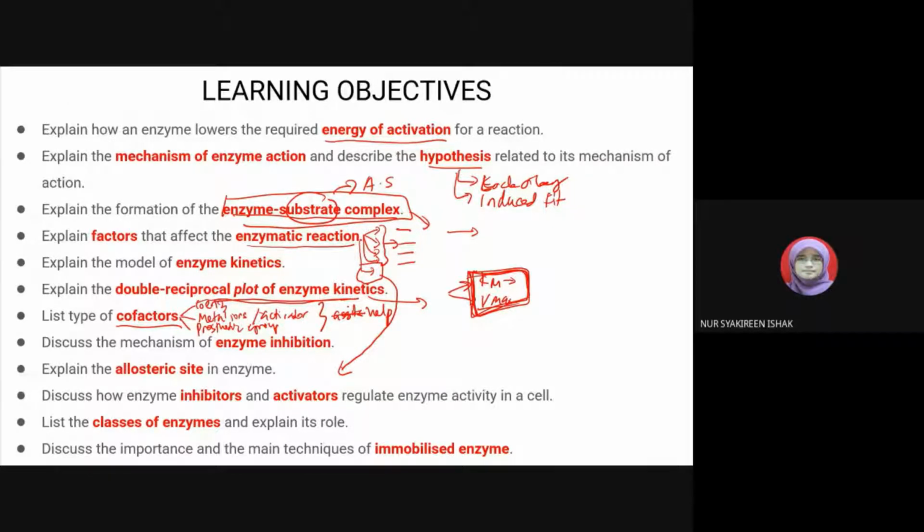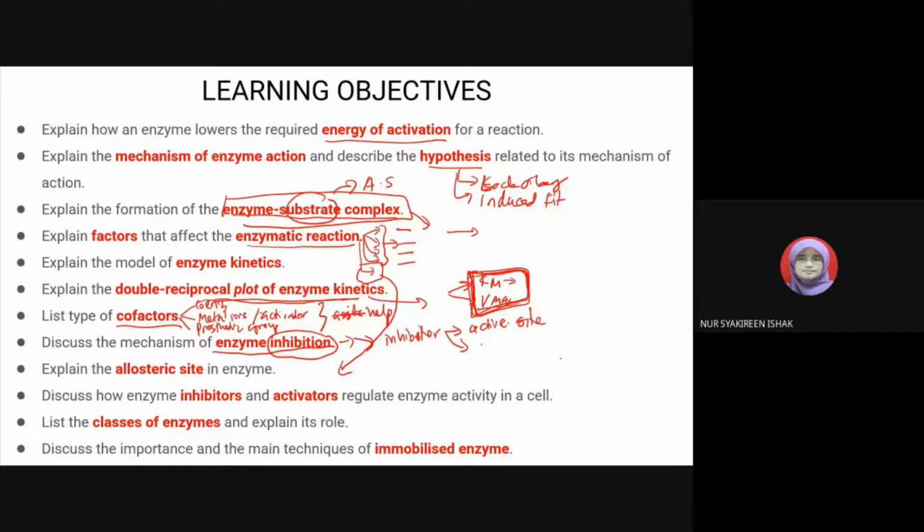Okay, discuss the mechanism of enzyme inhibition. So the presence of an inhibitor in an enzymatic reaction can affect the enzyme reaction. So the inhibitors can either bind to the active site, okay, or another site of the enzyme.